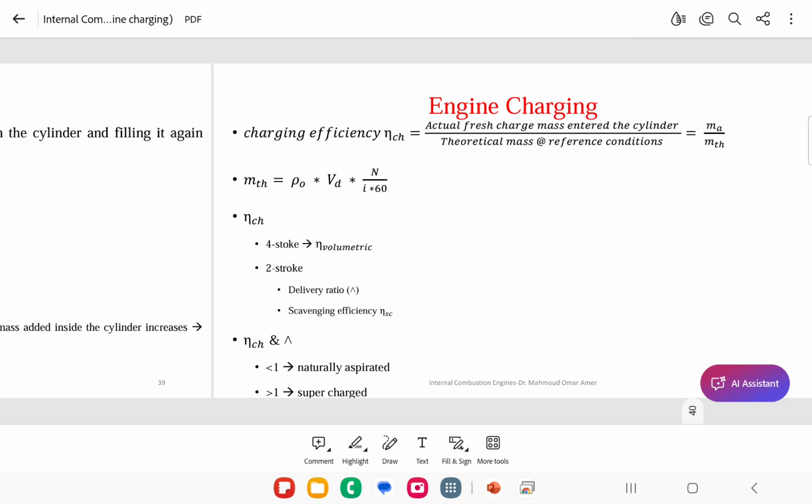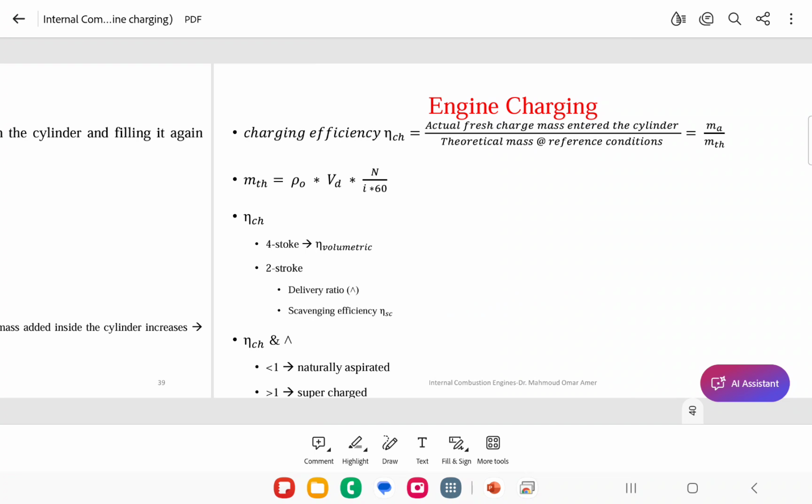Reference conditions are the atmospheric pressure and the atmospheric air temperature. They are higher. You have a higher pressure, so you can charge the engine with a higher mass than the theoretical mass. Then in this case, will the charging efficiency have a maximum of 1?